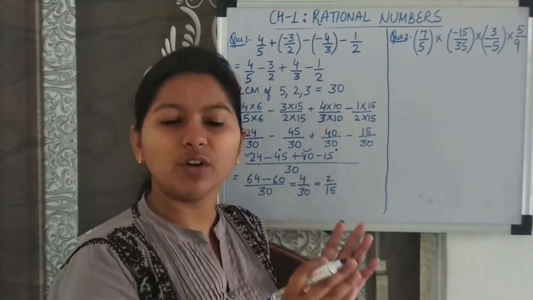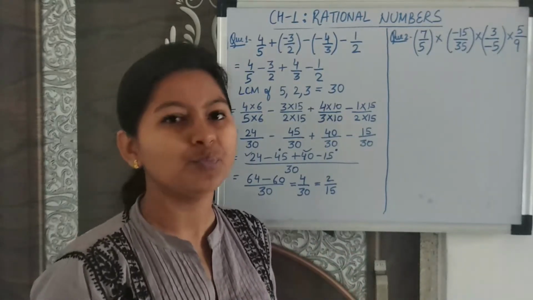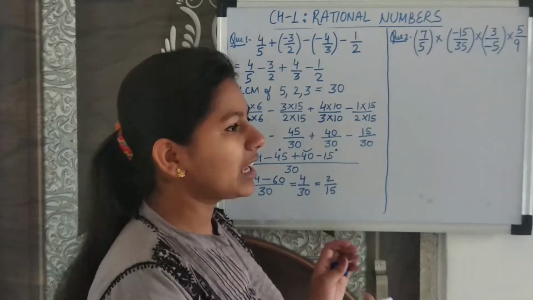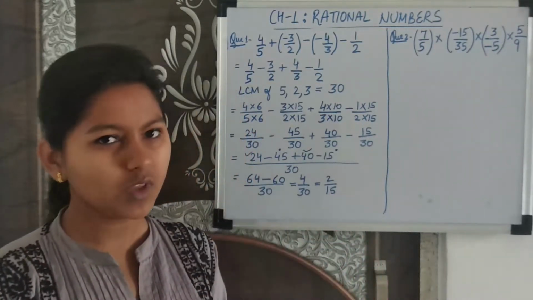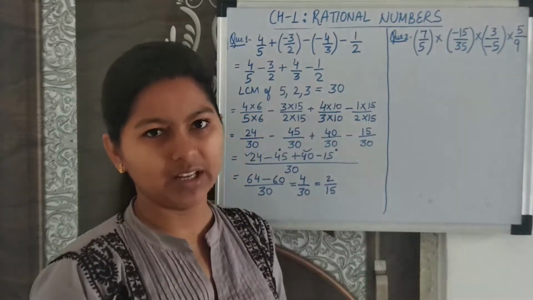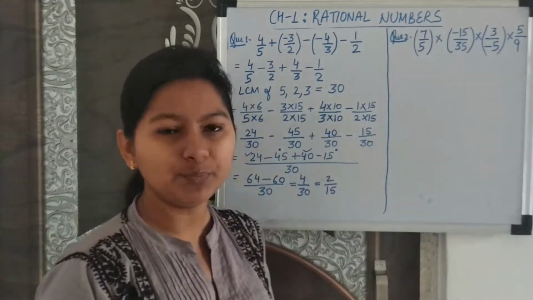If the number of negative signs is even, like 2, 4, or 6 negative signs, then our final answer will be positive. But if the number of negative signs is odd, like 3 or 5 negative signs, then our final answer will be negative.